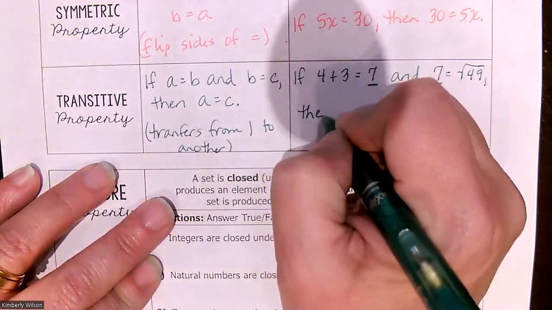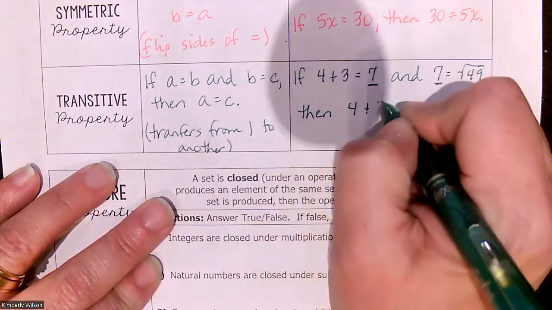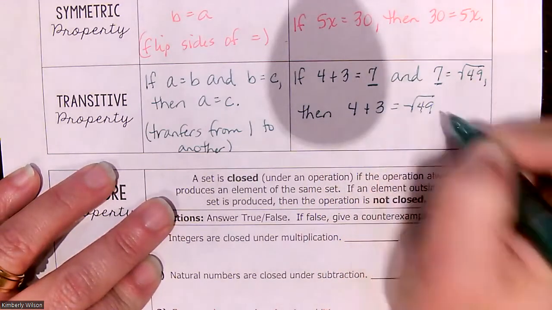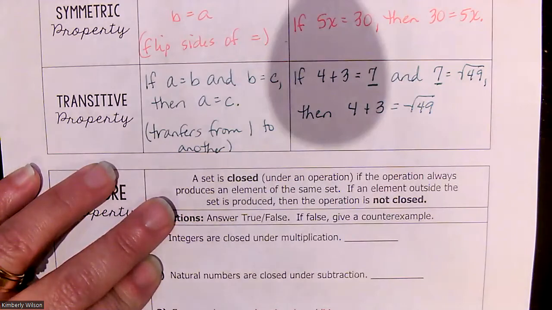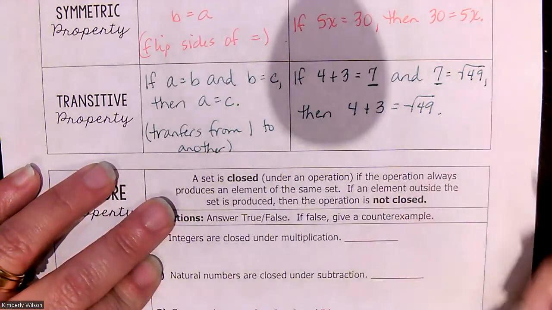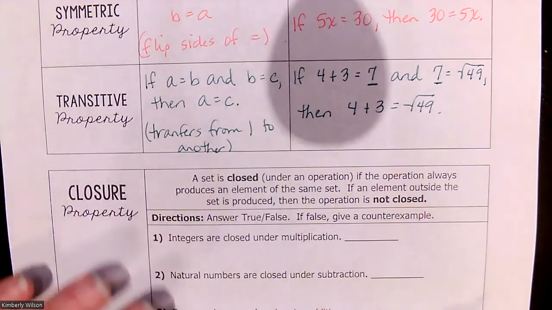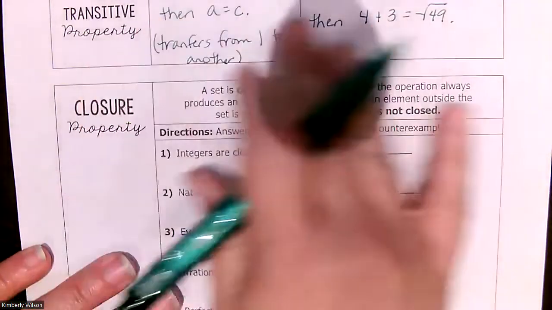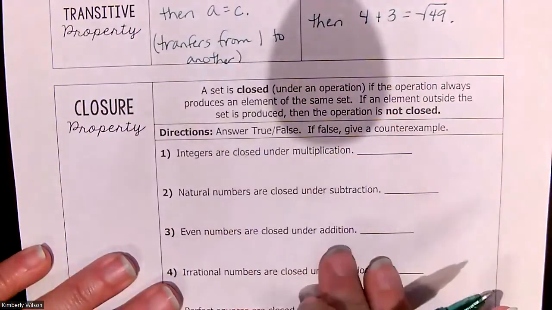So then 4 plus 3 can equal the square root of 49. Period. Now, well, I said the last one, but that's the last one where we have examples written like this.